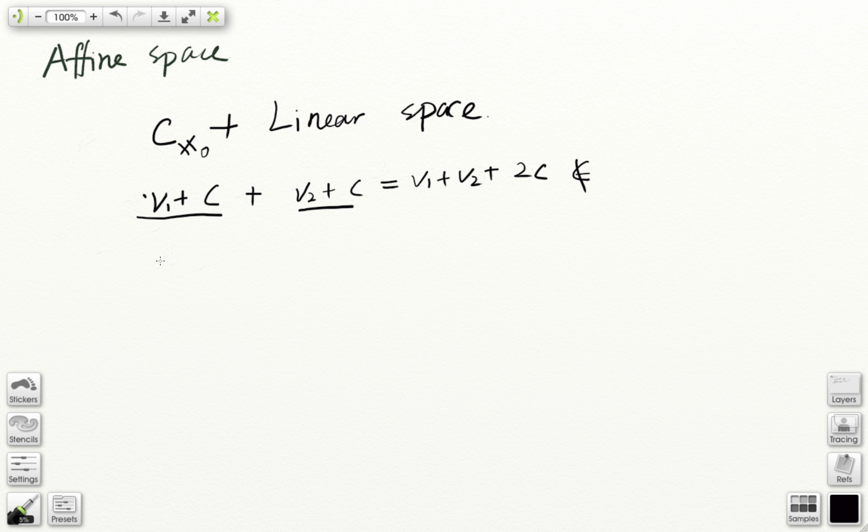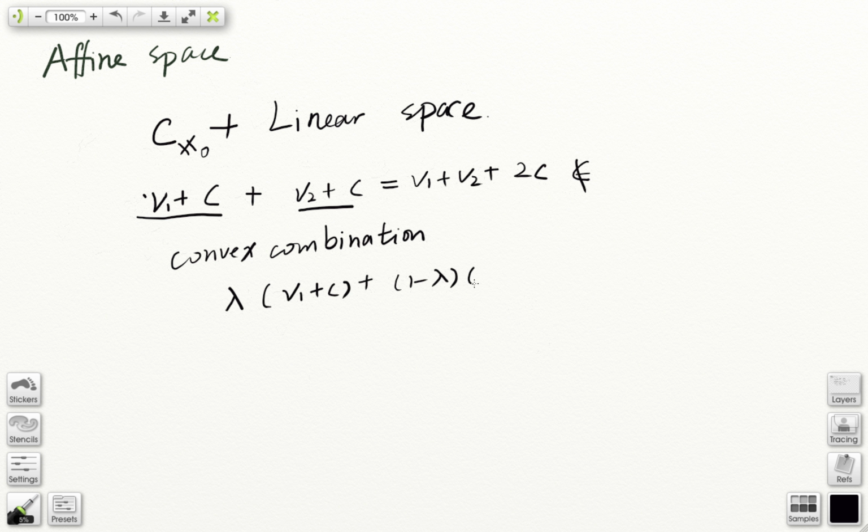But if you do the convex combination, and you get lambda v1 plus (1 minus lambda) v2 plus a constant, where lambda is a constant that is greater than 0 but smaller than 1.